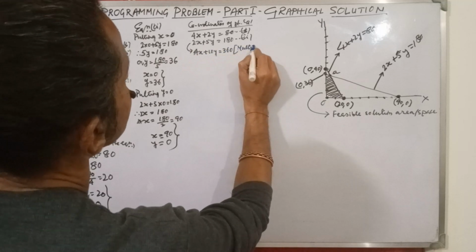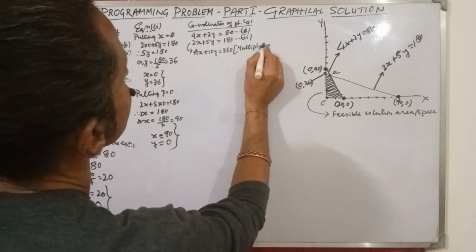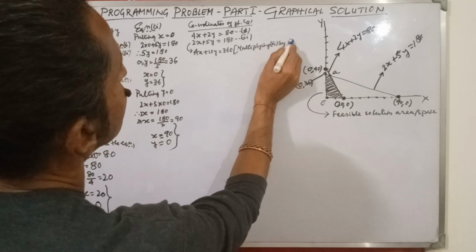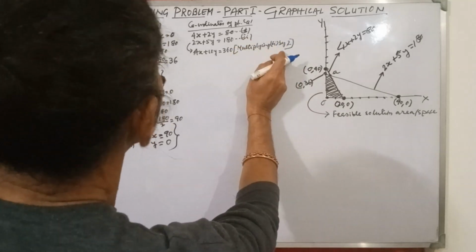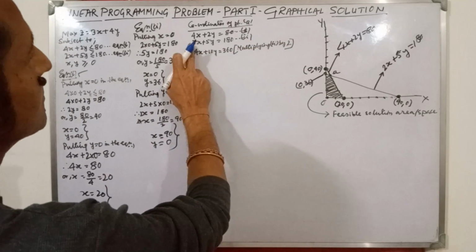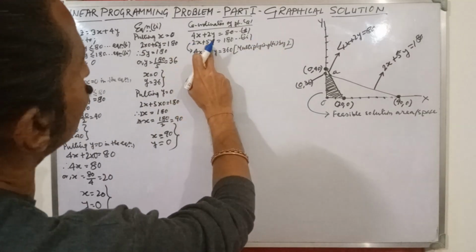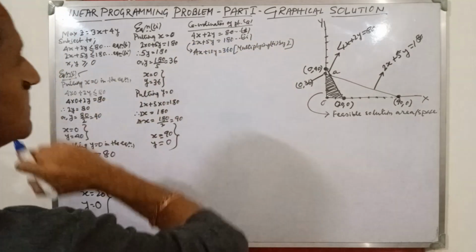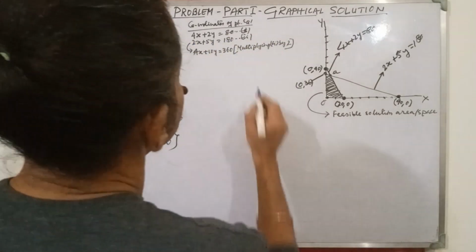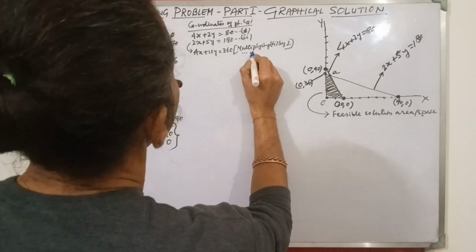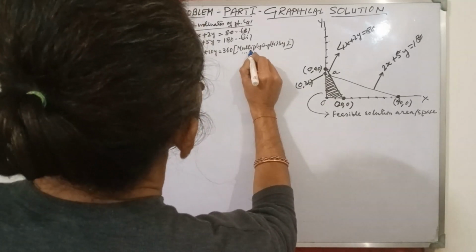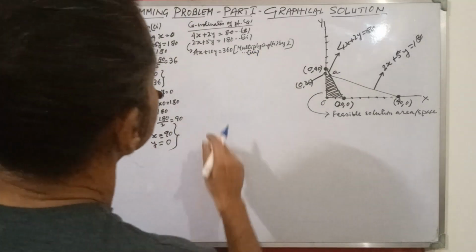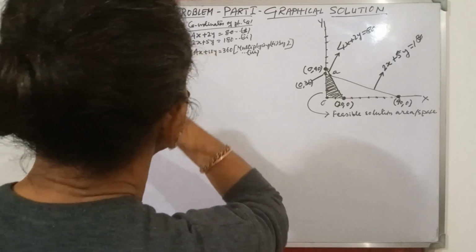Multiplying equation 2 by 2, we have got 2x into 2 is 4x, 5y into 2 is 10y and 180 into 2 is 360. Say this is equation 3. Now we subtract equation 3 from equation 1.